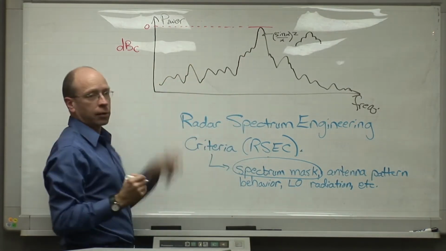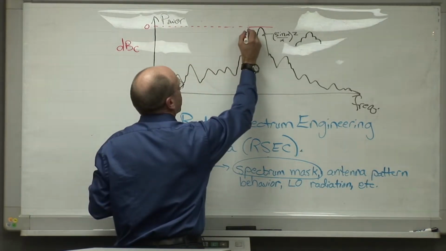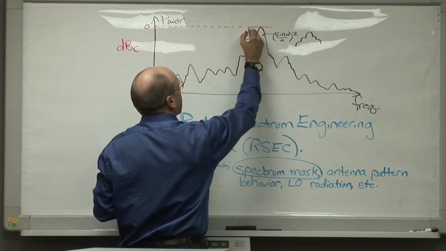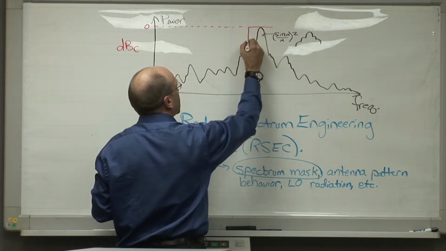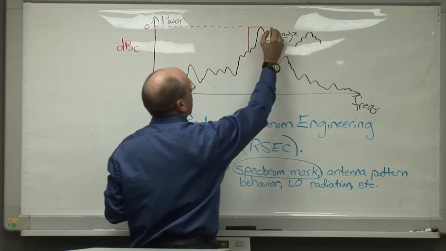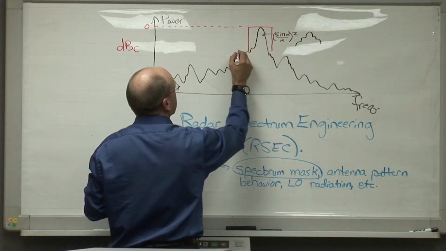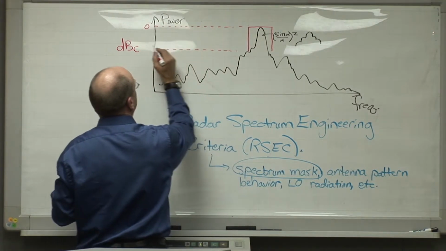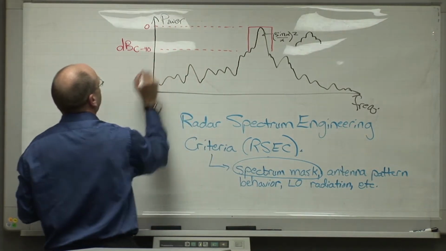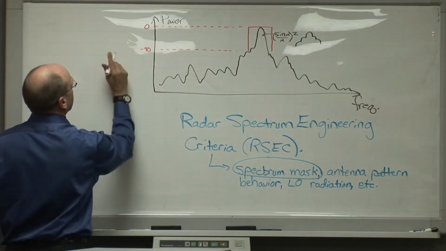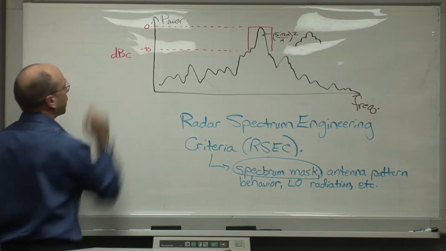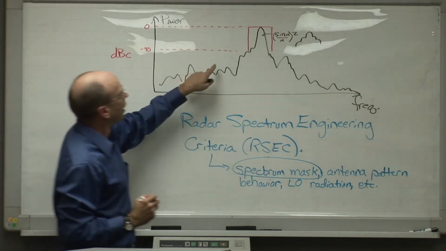We draw this out to a certain width. I'll give you the width in a moment. And we drop this by 10, 20, 30, 40 dB down. So here's a point that is 40 dB down. Let me write this slightly. There we go, minus 40 dB down.